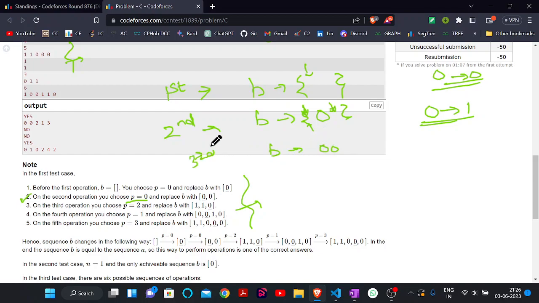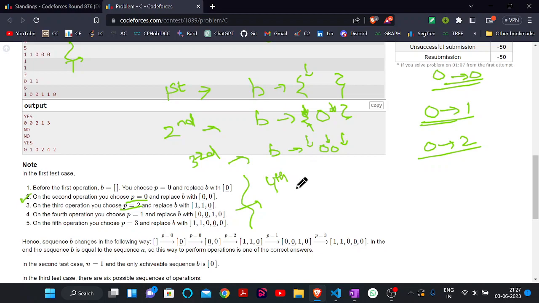On the third operation, this is the B which we get from the second operation. Now we have total choices 0 to 2, that is 0, 1, and 2. So he's saying to choose p equal to 2.